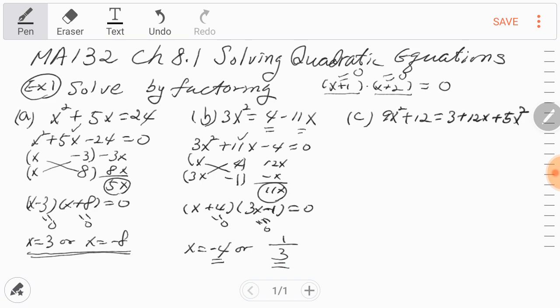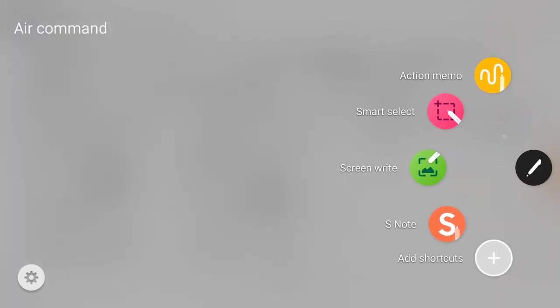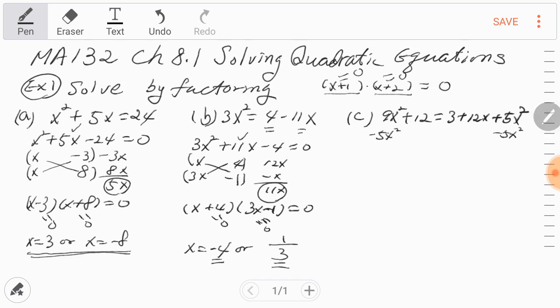The next one: move all the terms to the left. Let's move 5x squared to the left, then this one cancels out, so 4x squared. Then move 12x to the left, so minus 12x. And then minus 3 on each side, then plus 9 equals 0.